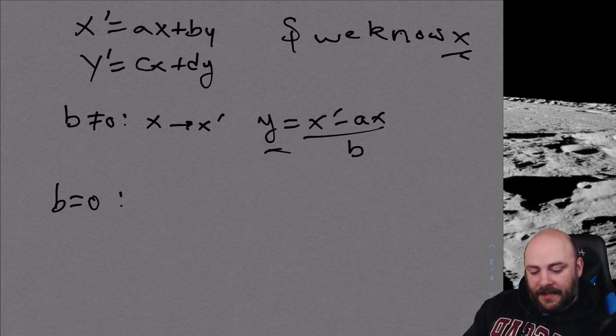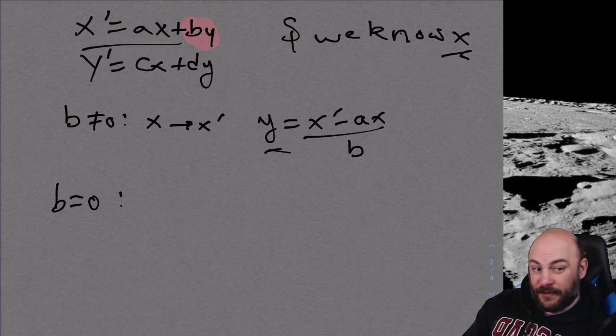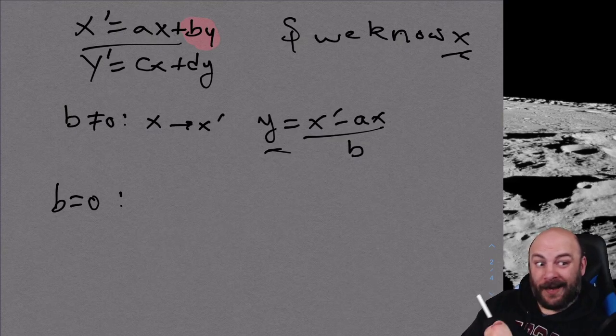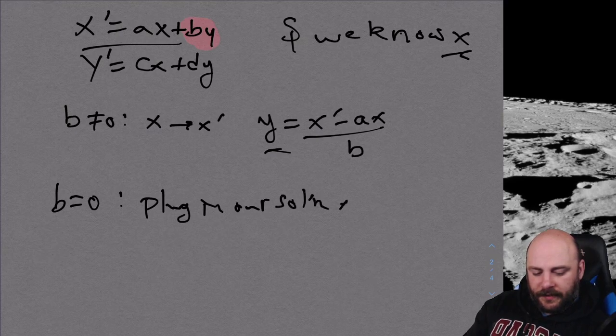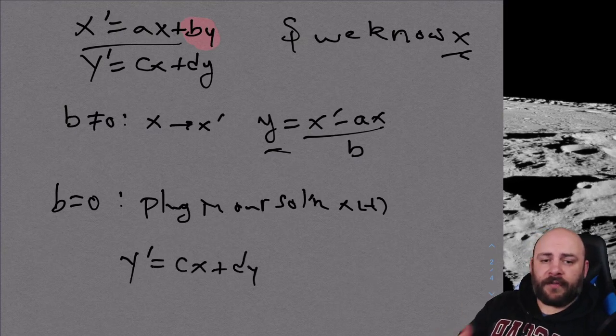Okay? But then what that means is my system is partially decoupled. Because basically, if b equals 0, then this whole term is gone. And we can see that x only depends on its own value. So since we solved that basically all by itself, we'd be able to plug in our solution, x of t, into y prime equals cx plus dy, and then solve that through whatever method.